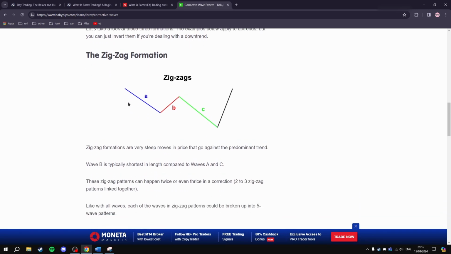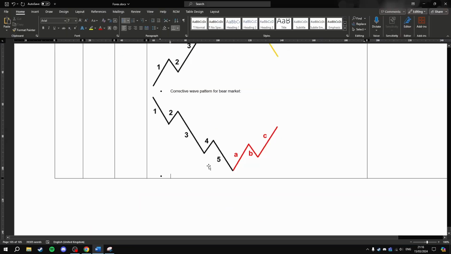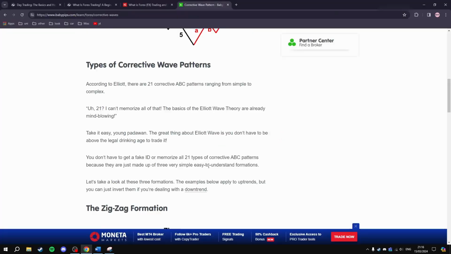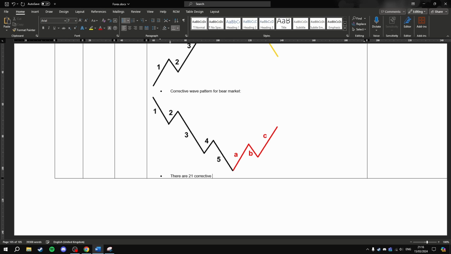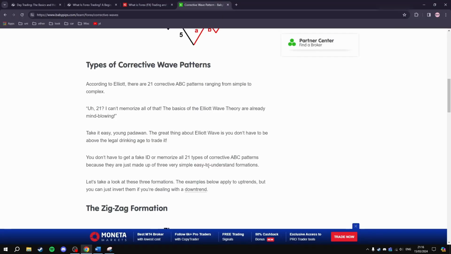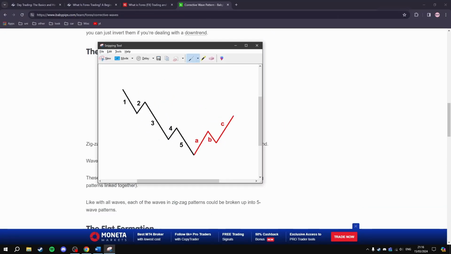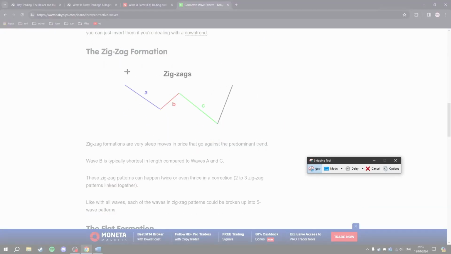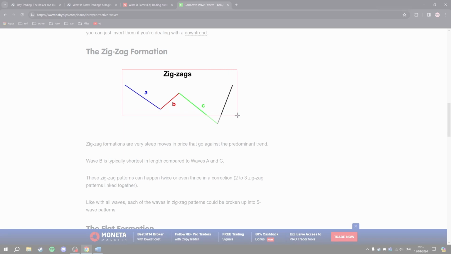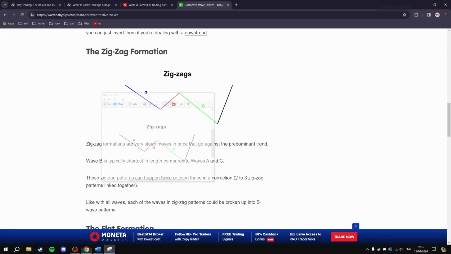So the zigzag formation. So wait, there are 21 corrective ABC patterns. The zigzag formation looks like this.